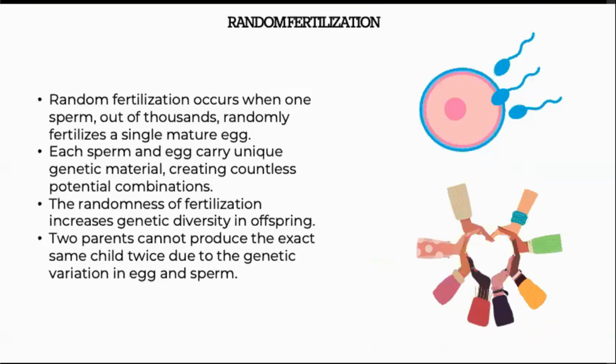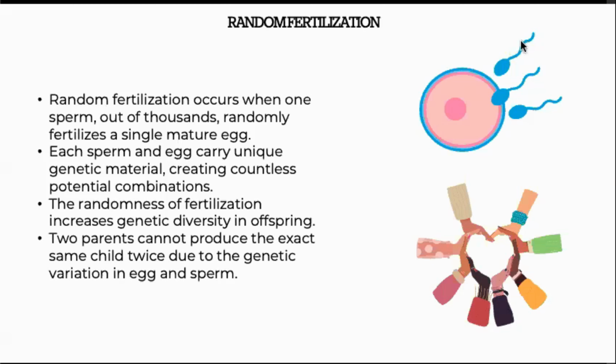Of course, the final way to increase genetic diversity is random fertilization. Remember, we have one sperm, and that is going to compete for, I shouldn't say thousands of spots. There's thousands of sperm essentially that will try to compete for one egg, one single egg. And so each sperm and each egg carry a unique set of combinations.